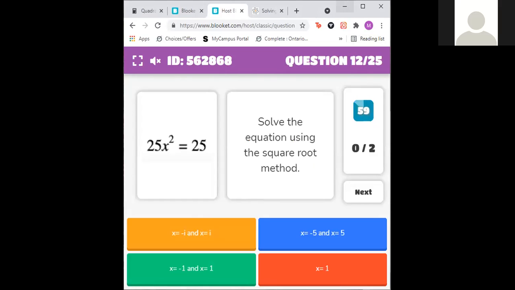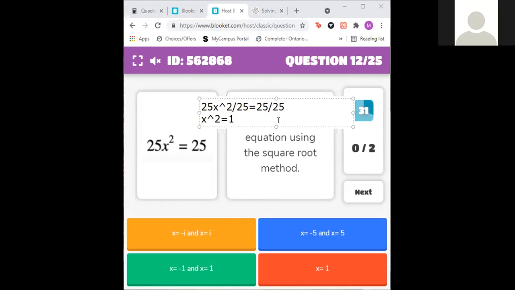Okay, so here, what do you think is the first step of this one? Well, this would be -5 and 5. No, you'd have to divide both sides by 5, and then it'd be x squared equals 1.